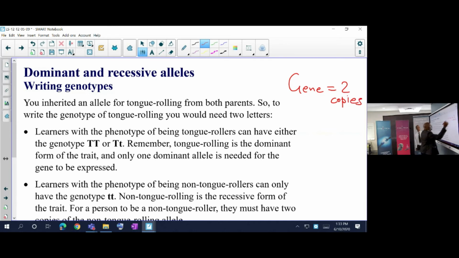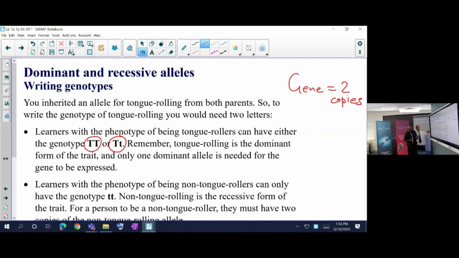So each time we represent the genotype, we should use 2 copies, which means allele 1 and allele 2. Are we following? So we represent them using letters of the alphabet, which I have just said. I would advise you to choose those letters which are different, the uppercase and the lowercase in terms of structure, like my T. I don't like the X's, the S's, the C's because they look the same.